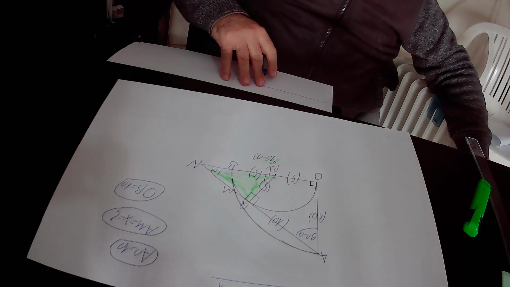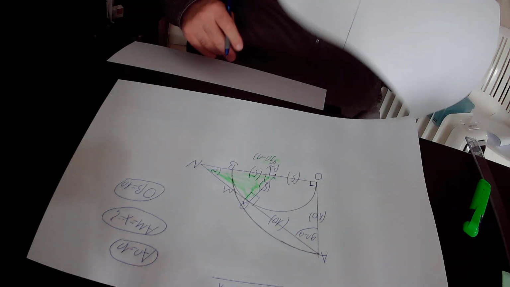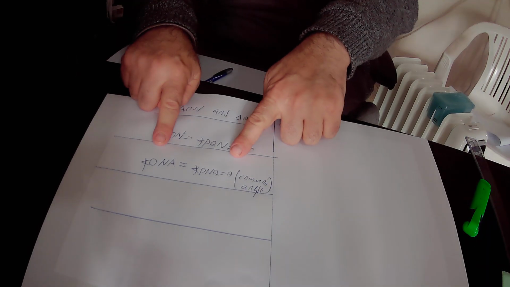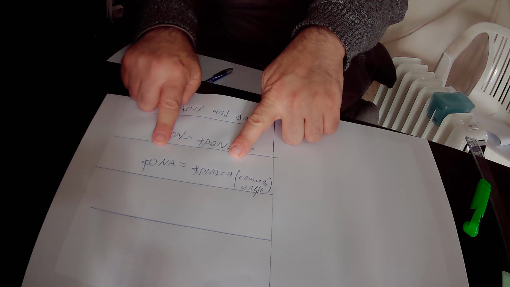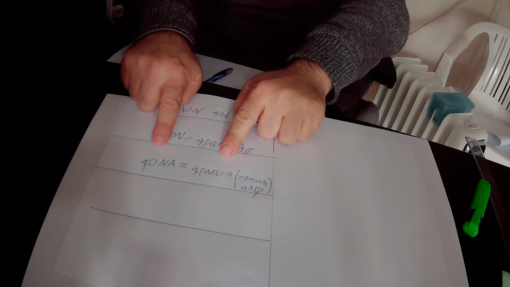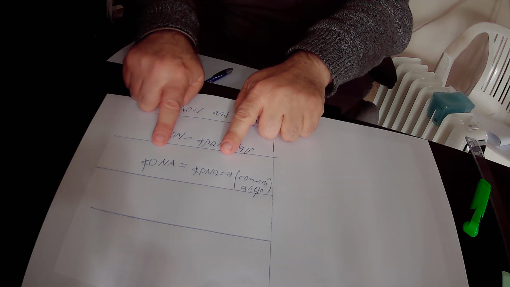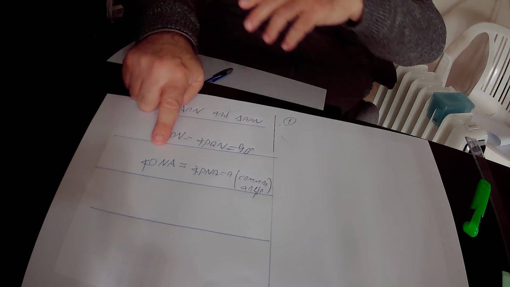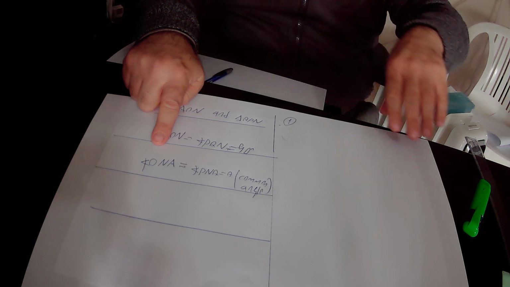This equation means that angle theta is equal to itself. We just call angle theta two different names. Angle theta is a common angle that belongs to both triangles.